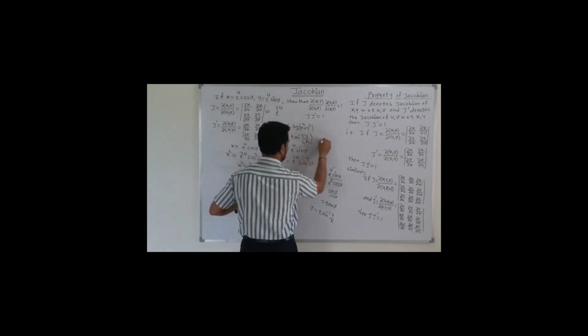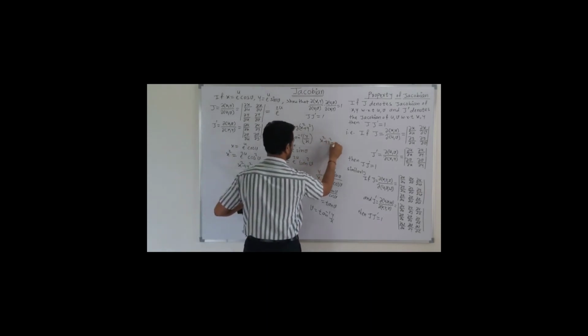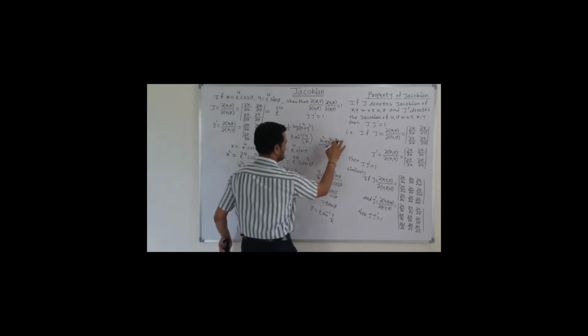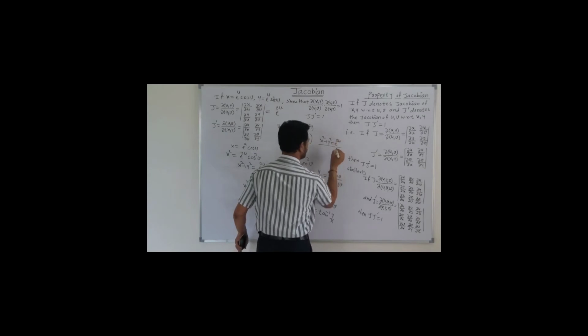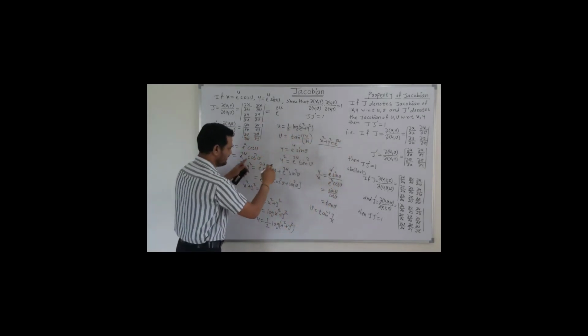Again, we require the value of this term: x square plus y square is equal to e raised to 2u. So for simplicity purposes, we are using this value, and we will write it here. So these are the values which are calculated from this term.